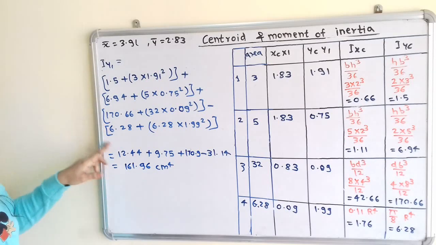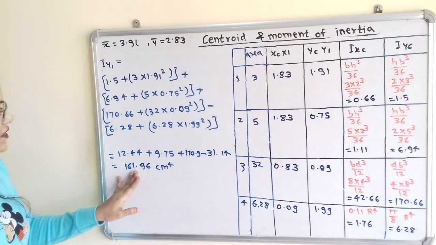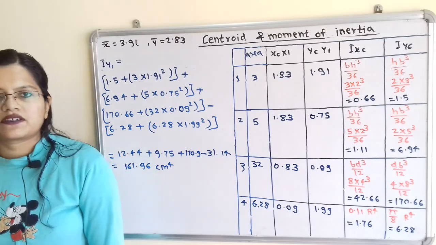So we have to show the square bracket as well as the curly bracket. So the calculated answer is 161.96 centimeter raised to 4.